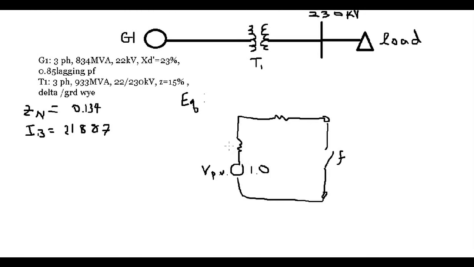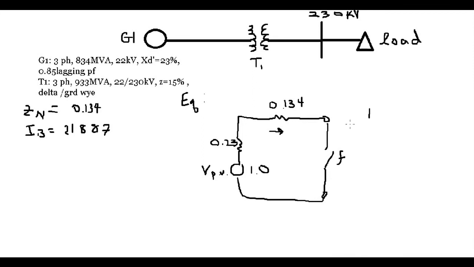We have here our impedance of the generator, 0.23, our new impedance 0.134, and now we can calculate our per unit current.